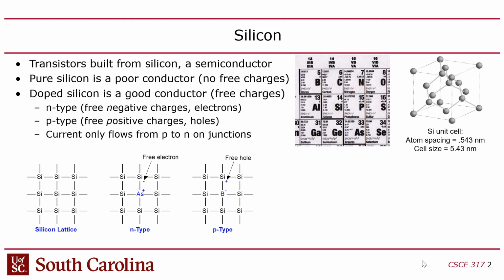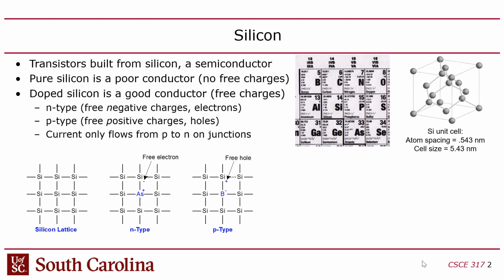Silicon is in column 4 of the periodic table, which means it has 4 valence electrons. If you take an element from column 3 of the periodic table, like gallium, for instance, this atom has 3 valence electrons, or boron, for instance.